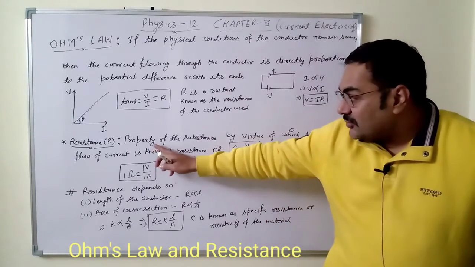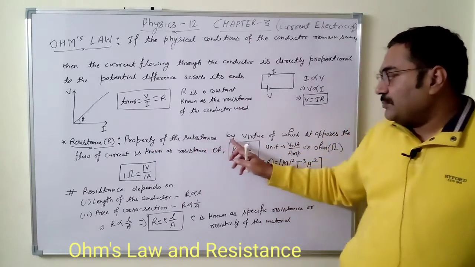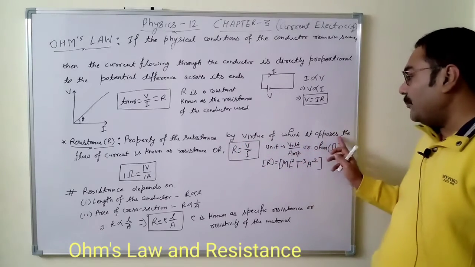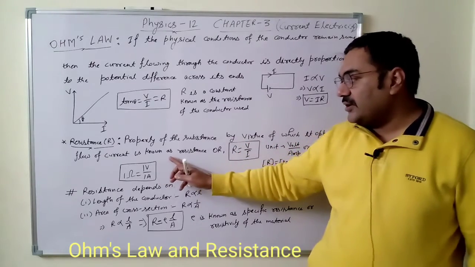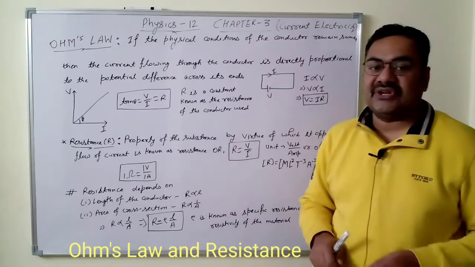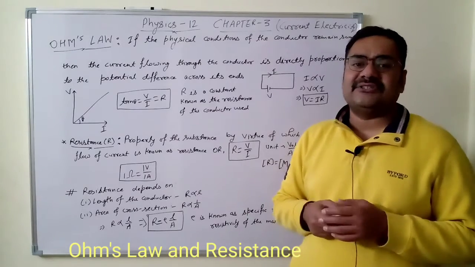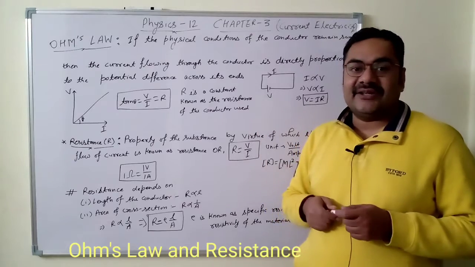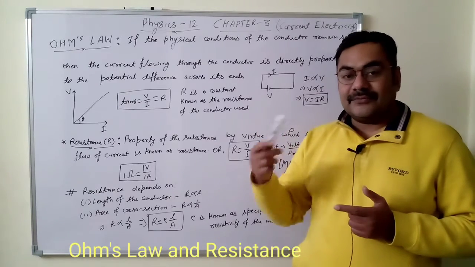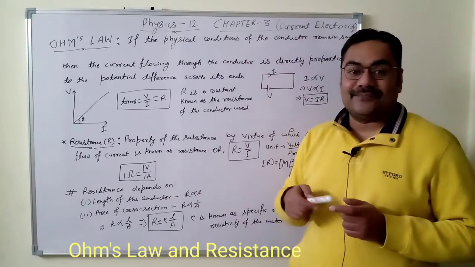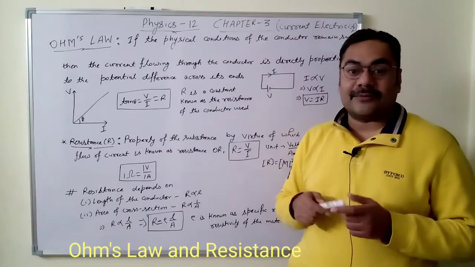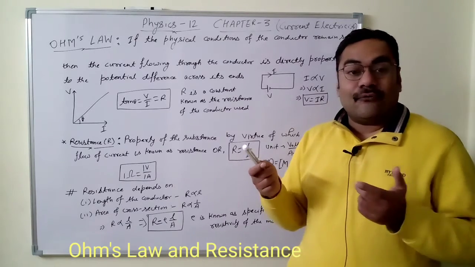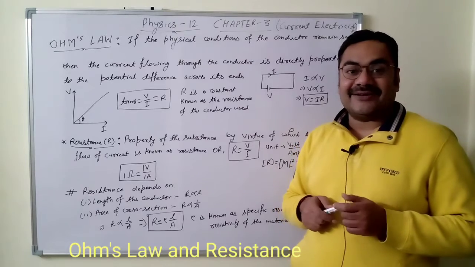So resistance is the property of the substance by virtue of which it opposes the flow of current. Resistance conceptually is nothing but just the property. Greater the resistance of a material, lower the conductivity, or worse the material as a conductor.